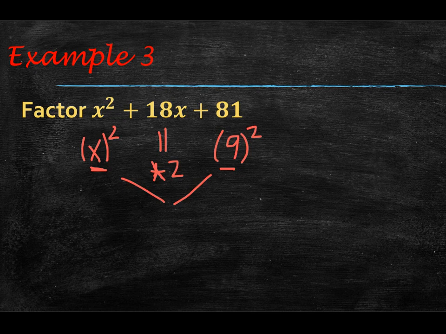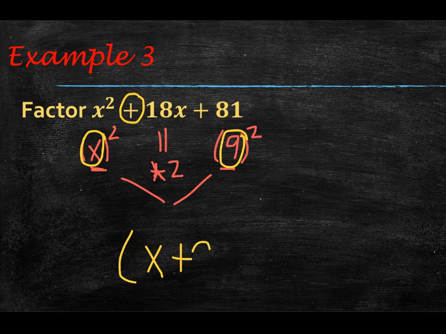And so therefore I know that this is a perfect square trinomial. So now all I have to do is take this and use the sign that's right there, and there are my factors, x plus 9 quantity squared.